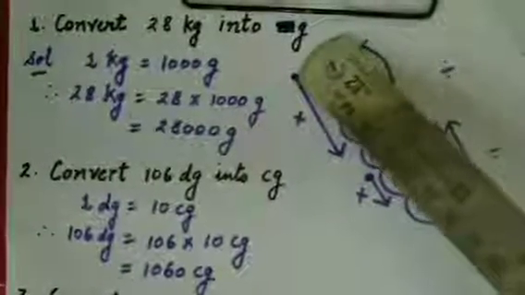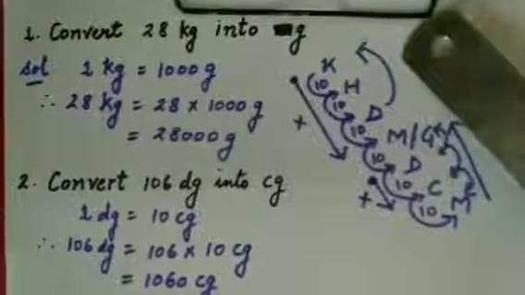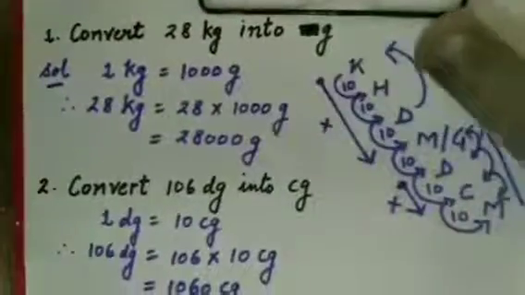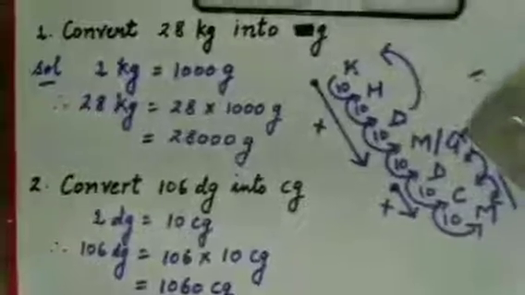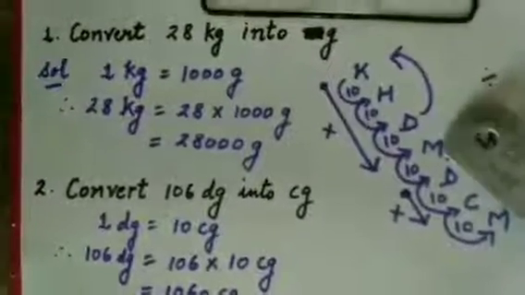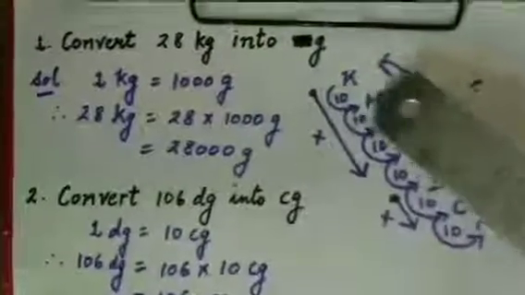Now children, we will do the practical implications of this magical conversion key, which we have done now. The first question is convert 28 kg into grams. As we have to convert kg into gram, we need to go 3 steps down. So we will have 10 multiplied by 10 multiplied by 10.